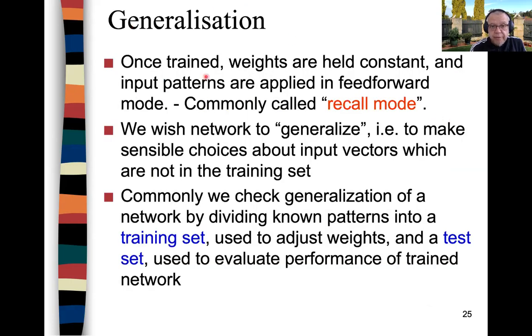So once trained, the weights are held constant. Once you finish the training, so the training is done offline, you stop modifying the weights, and the input patterns are applied in feed-forward mode, commonly called recall mode or test mode.